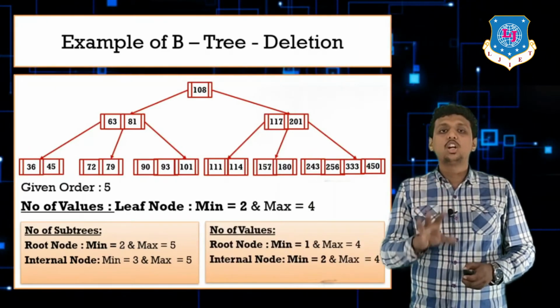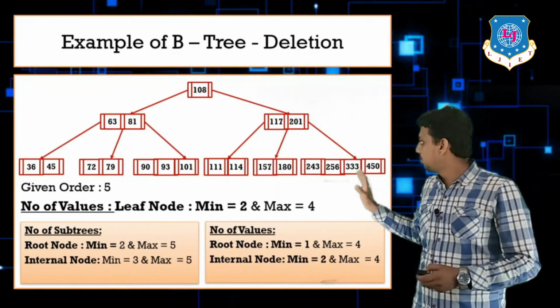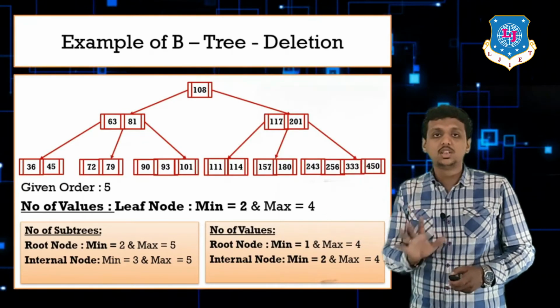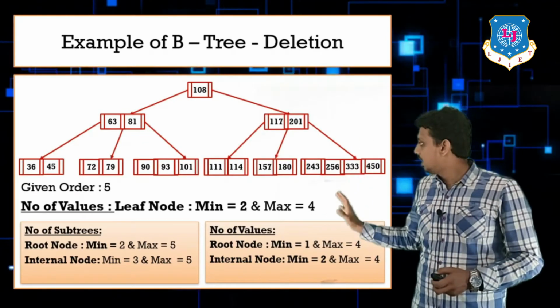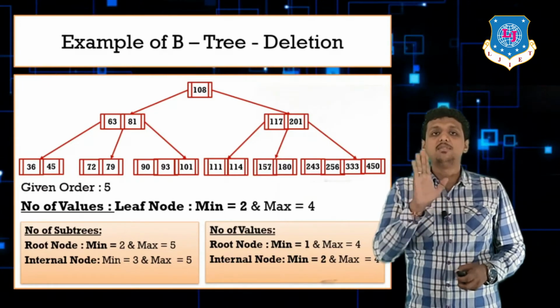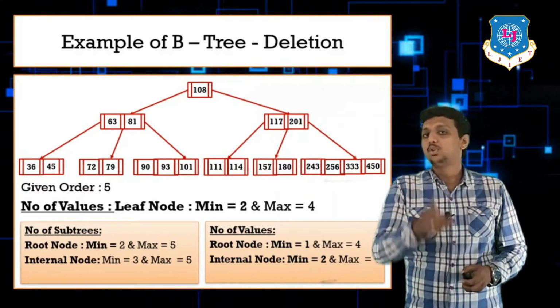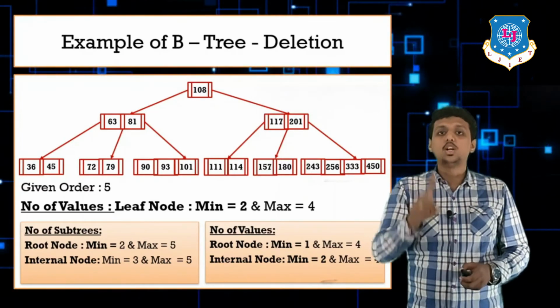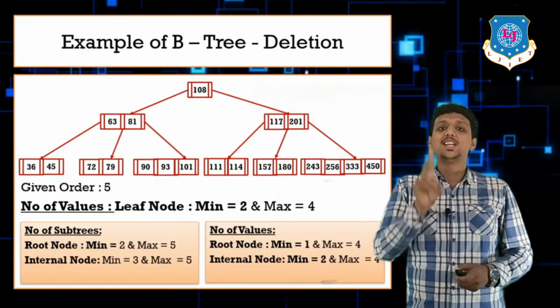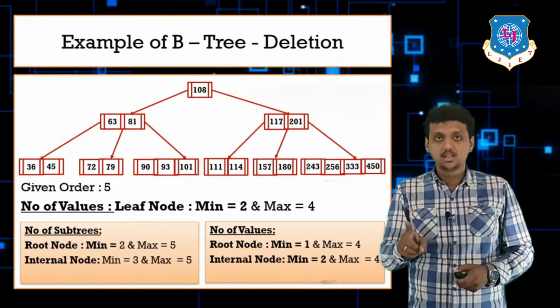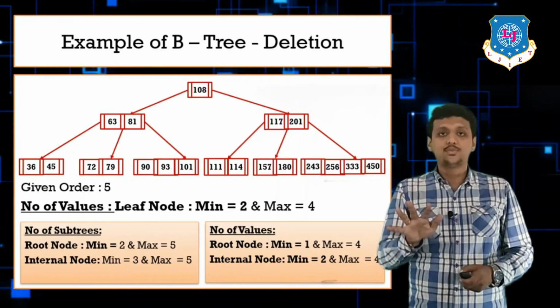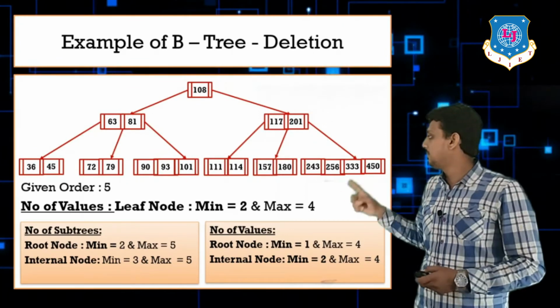The rules should not be violated by the leaf nodes or any type of node during deletion. So here we are going to consider the minimum values. The minimum values at a leaf node must be 2. That means your leaf node should contain at least 2 values. Remember this: for order 5, your leaf node should contain a minimum of 2 values.